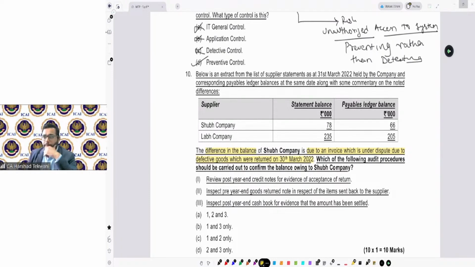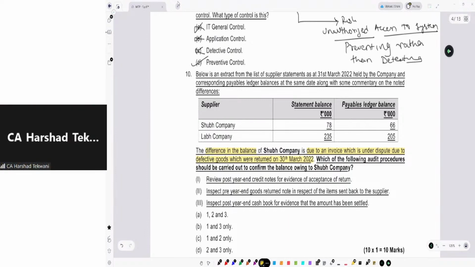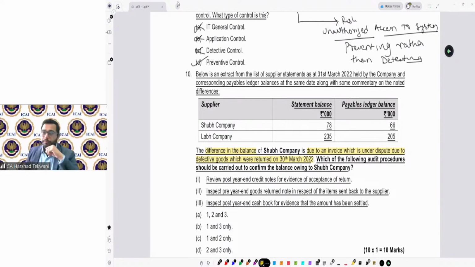Come on, guys, quickly. Which option will you select?